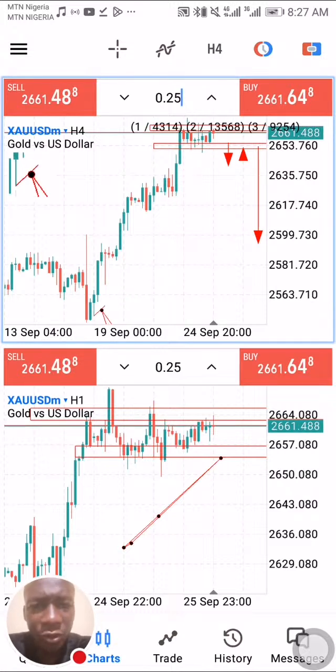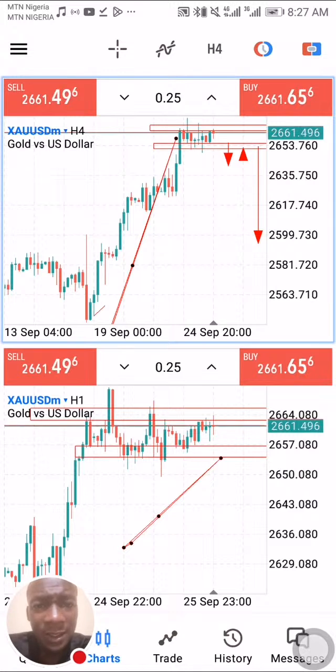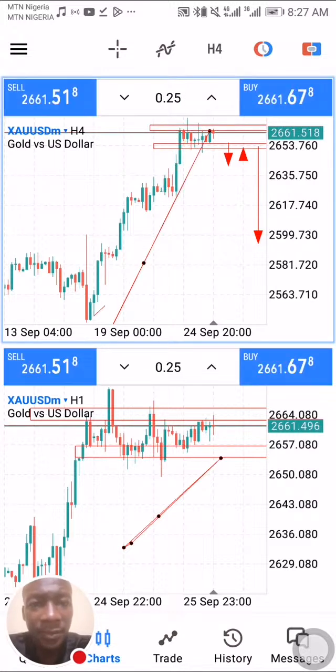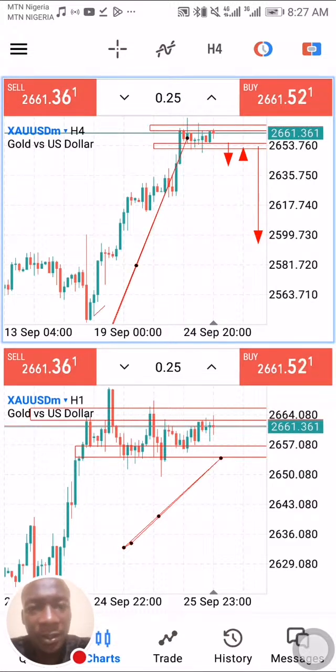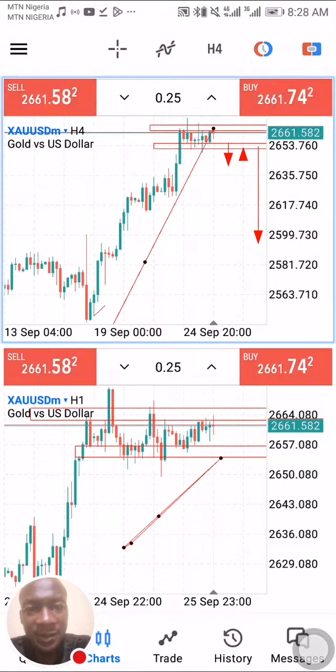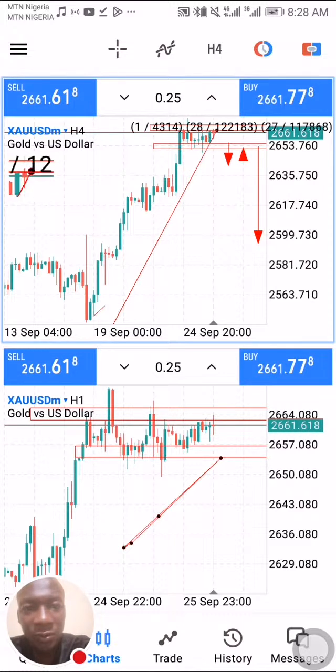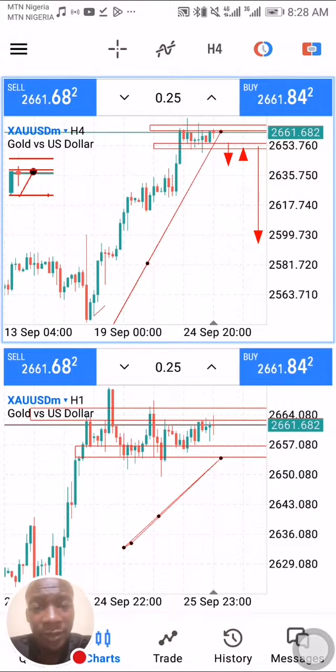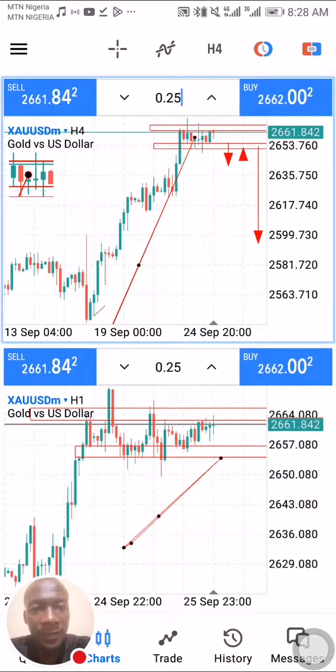Remember, after any strong push phase like this, if the trend was already up and we suddenly start identifying consolidation, it signifies two things: either there's low volume or a depletion in the bullish momentum. The sellers are now stepping into the market, so they're having a tug of war around this area.